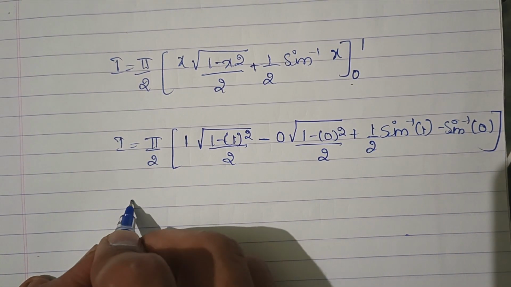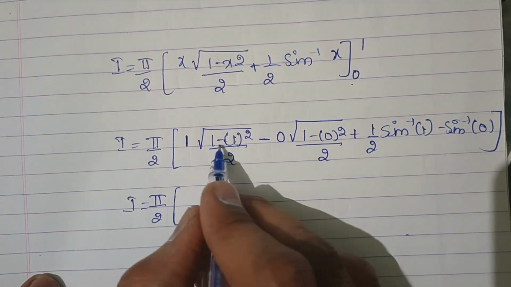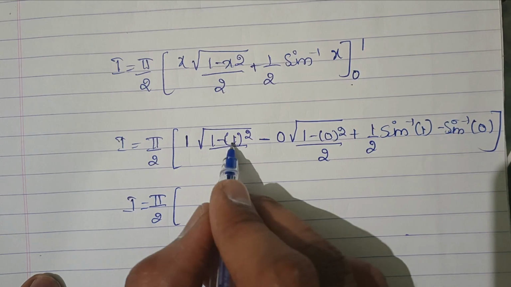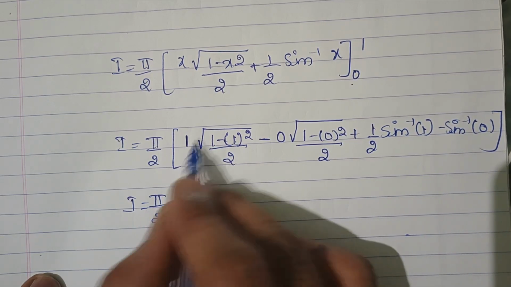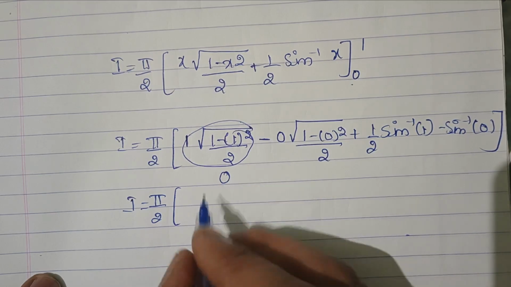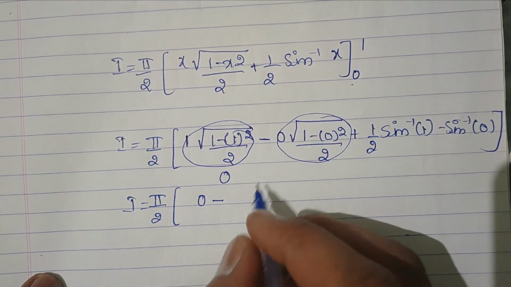So next, I is equal to pi by 2 of: 1 square is 1, 0 divided by 2, and 0 into 0 square is 0 only, so this whole term we get 0. So 0 minus this is also 0 only.